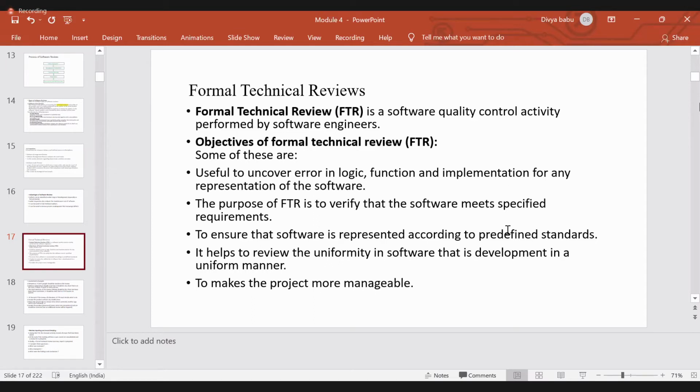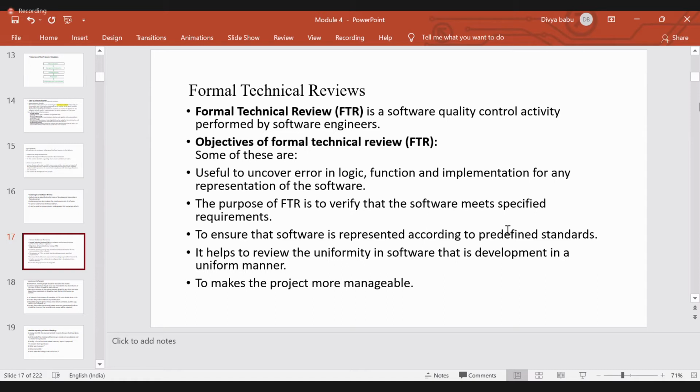In the agenda, clearly mention what are the things we are going to discuss, and according to the agenda, we should discuss one thing at a time. At the same time, the evaluators should learn about the system for at least 2 to 3 hours. Then only they can evaluate, and generally we include expertise from the same field. So this is called formal technical review.